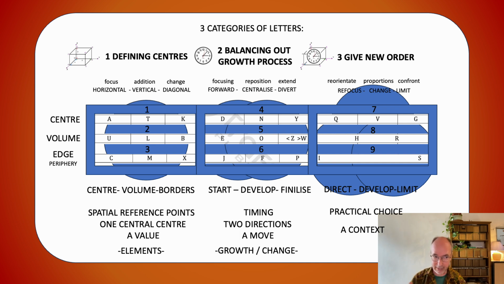If you want to extend it, the center positions will go horizontal, the extra positions will have an addition in the vertical way, and the last position is a position of change as well. It is in the diagonal position.